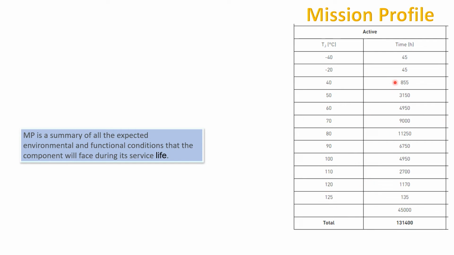Like that, different specifications are mentioned in the mission profile, and this will be used to arrive at the accelerating factor. That accelerating factor is calculated based on the temperature at which the HTOL testing is performed, at elevated temperature and at accelerated voltage. Usually the accelerated voltage is 1.4 times the normal maximum voltage.